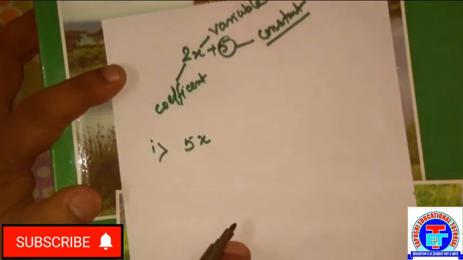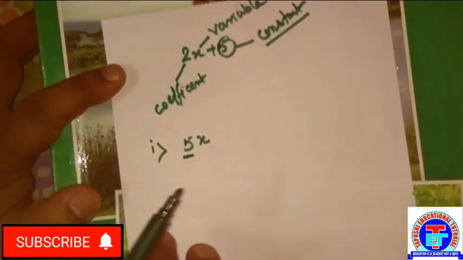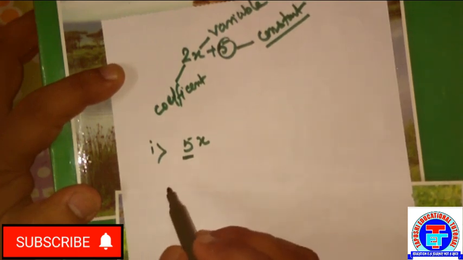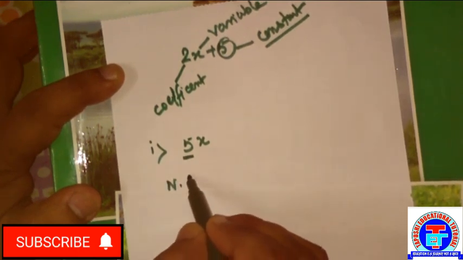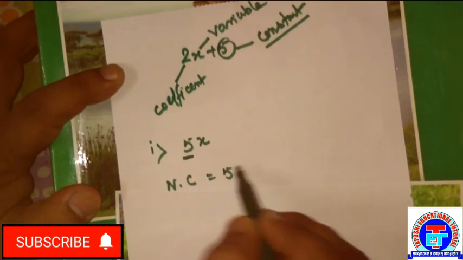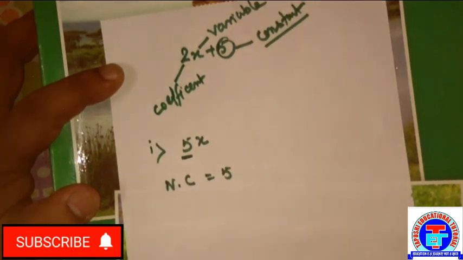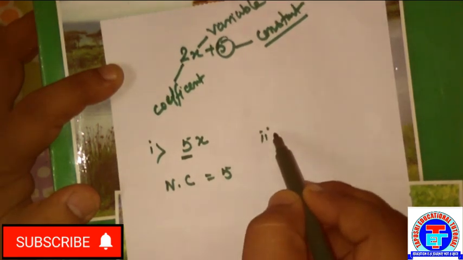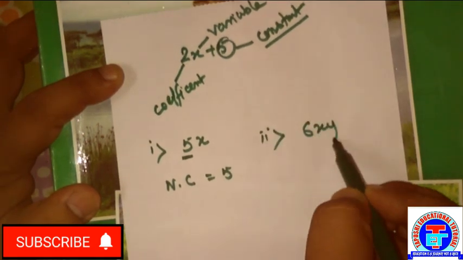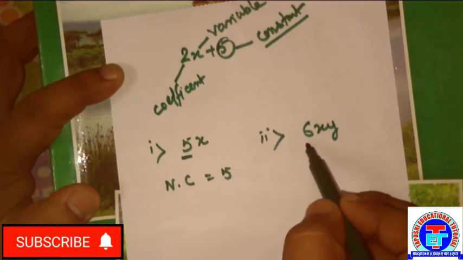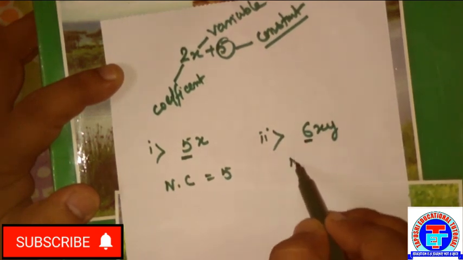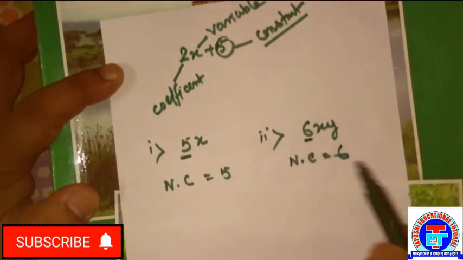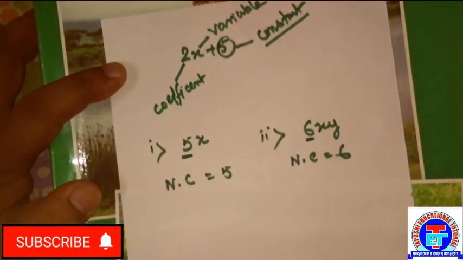We write numerical coefficient is equal to 5, right? Now number 2, 6xy. So the numerical coefficient is equal to 6, right, student?